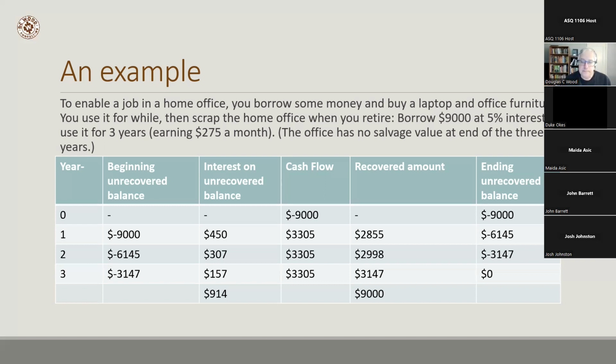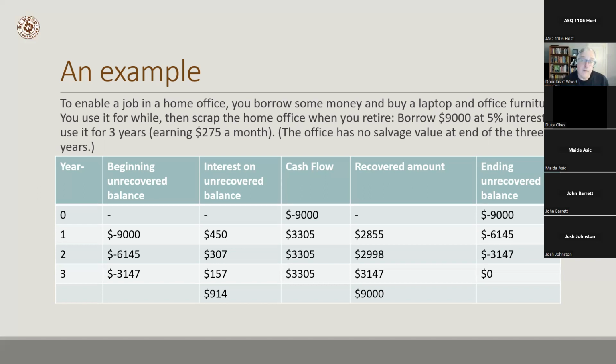And you look over there on the right and you can say, at the end of the year, my unrecovered balance is 9,000 in year 0 because you haven't gotten any money back. After you bring that 2855 back, you now have 6145 unrecovered. Well, the 6145 goes over on the far right-hand column under beginning unrecovered balance. There's $307 of interest.